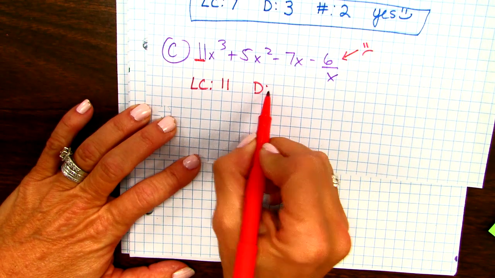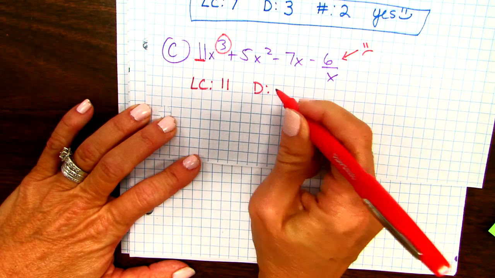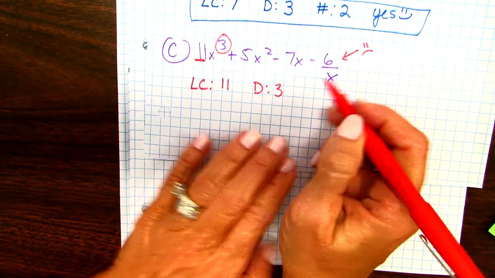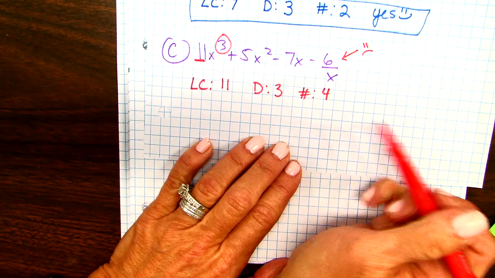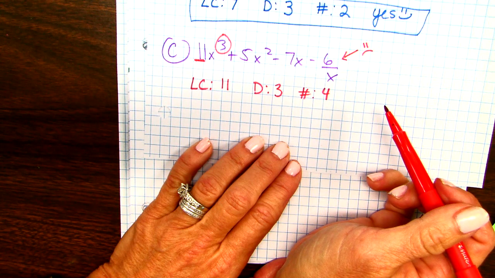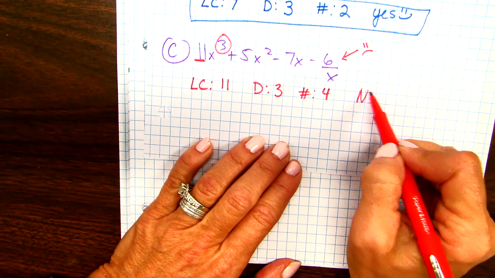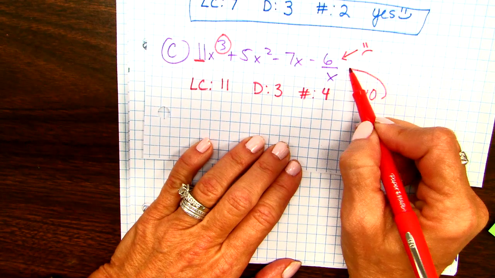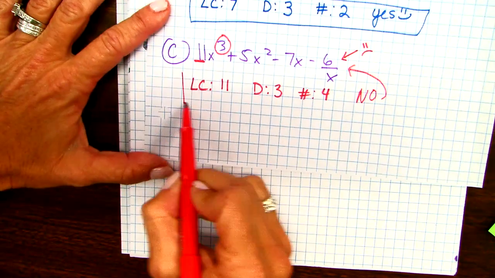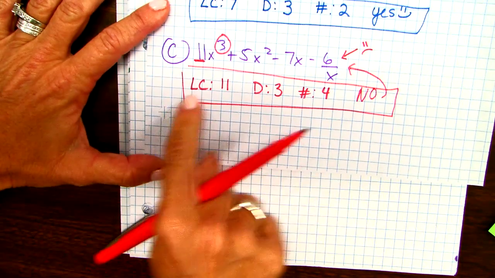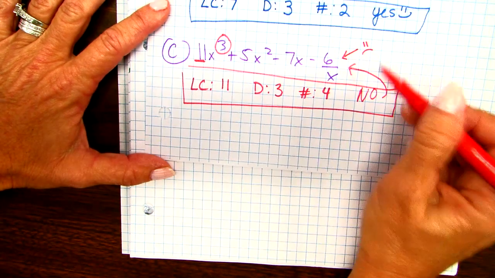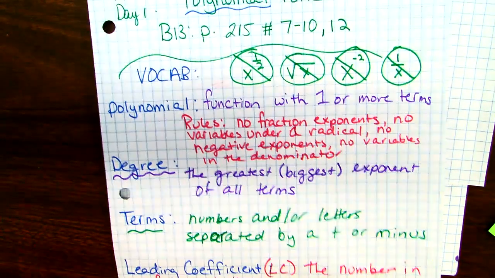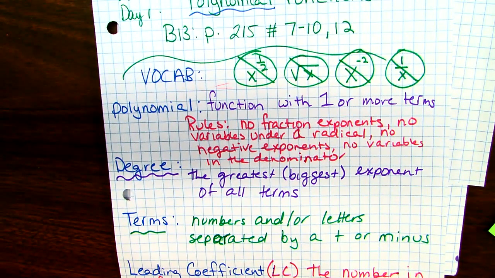This is a degree 3, and the number of terms is 4. But it doesn't really matter though, because it's not a polynomial because of an x in our denominator, okay? But go ahead and answer those questions just for practice, right? But we would say that this is not a polynomial because it broke one of those 4 rules. Okay, that's what you're looking for, okay?